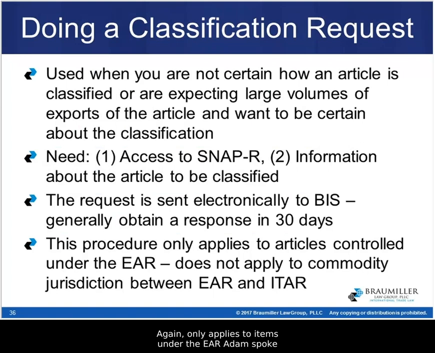Again, it only applies to items under the EAR. Adam spoke of jurisdiction. If it's something controlled under the ITAR, then you'd want to know that ahead of time, just so you don't essentially waste your time pursuing the classification as an ECCN when actually you're back in ITAR.